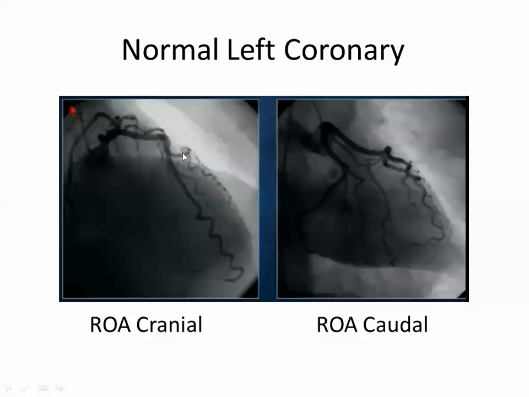Septal perforators and diagonals. Why are they named septal perforators? Because they perforate into the septum to supply it. How do you know them? They descend in a Y-shaped manner. When they are big enough, you can see them. Okay, diagonals.